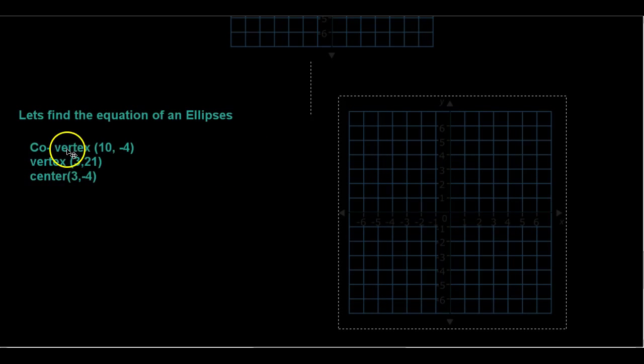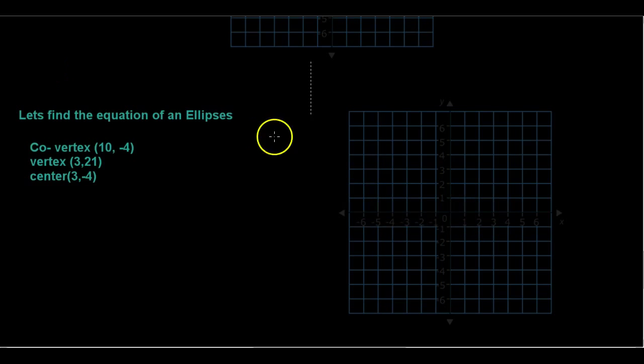Okie doke. So over here, we know that the center of this ellipse is at (3, -4). 3, negative 4. 1, 2, 3. 1, 2, 3, 4. Okay. And then we also know that one of the vertices is going to be at (3, 21). Okay.